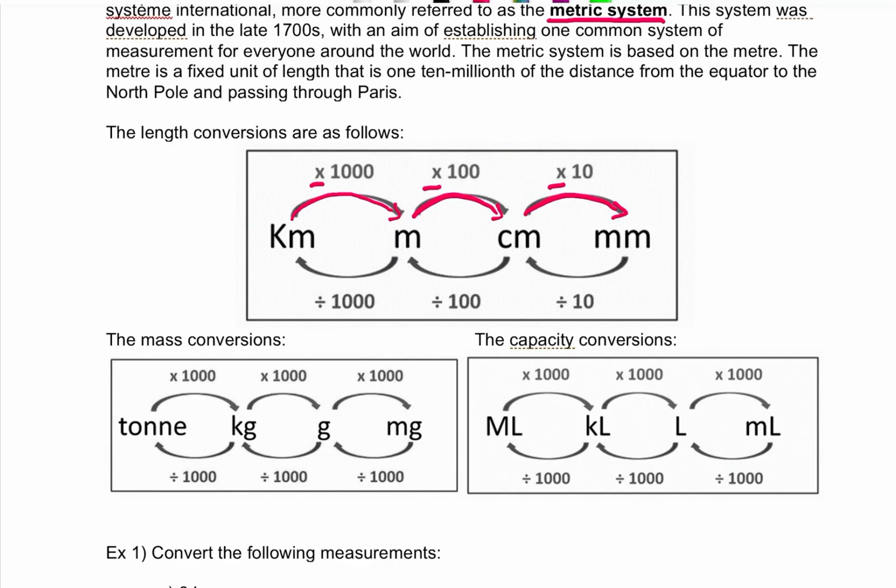When we're going from a larger unit of measure to smaller, we're multiplying. If we switch directions, so we want to go from millimeters to centimeters, centimeters to meters, meters to kilometers, we are dividing, okay? We can see the same thing happens with our mass conversions and our capacity conversions. So we're really just following along with the arrows in the chart.